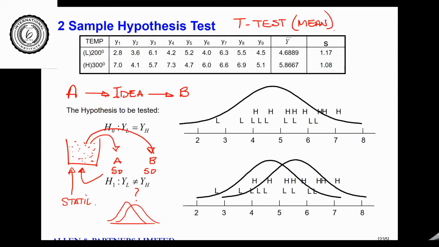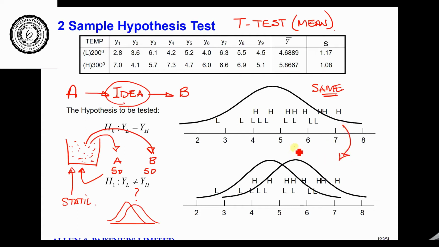So what a hypothesis test does essentially is it looks at the data set in two possible ways. It looks at the data set like this top one and assumes that the two samples have come from the same distribution. In other words, your new idea, when you're taking your two samples, you will have put a change in between sample A and sample B. It looks at the process and says, well, let's look at them as if they're the same.